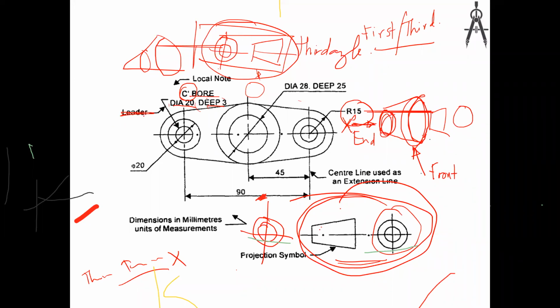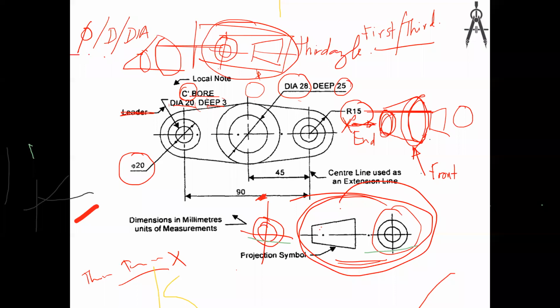So this is called a leader, right? Here diameter 20, deep 25. So you can see these indications. Pi, O, D, or you can use DIA, dia.